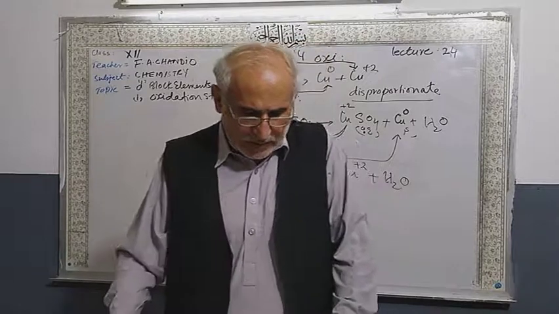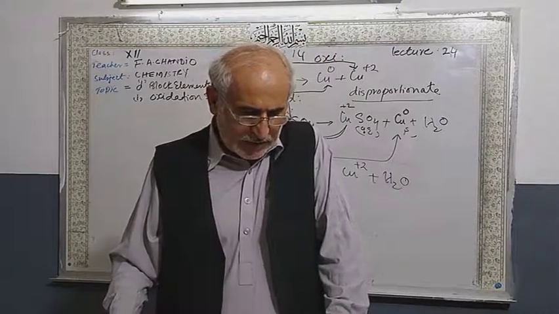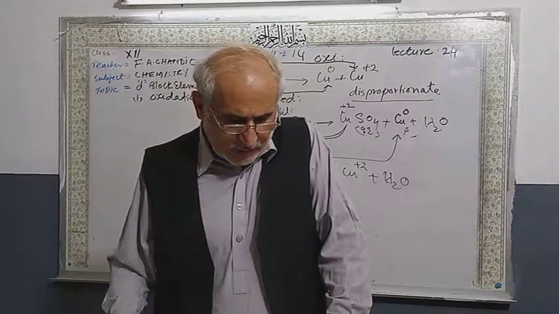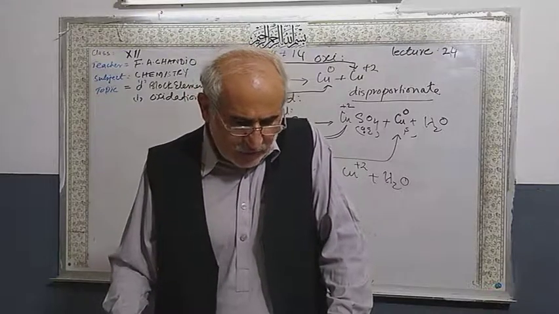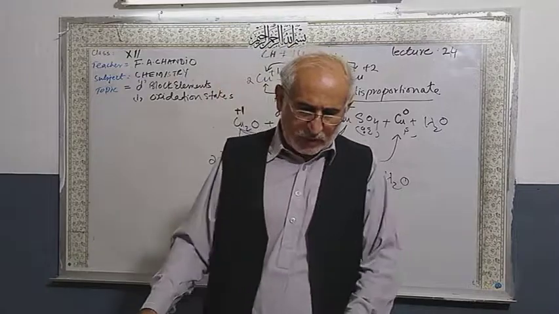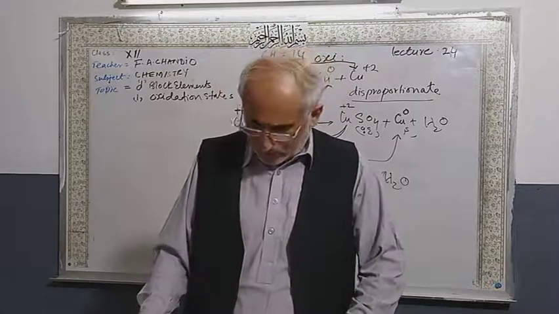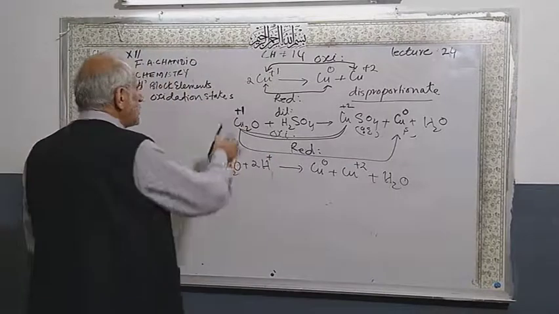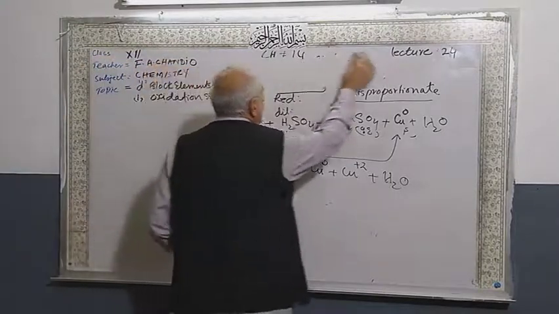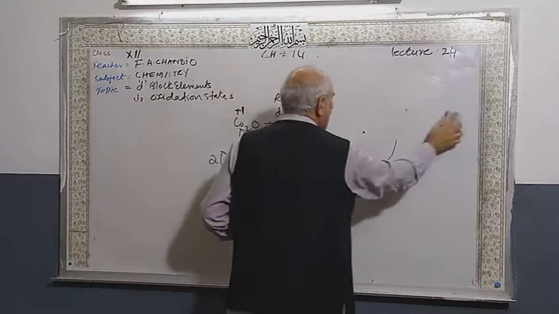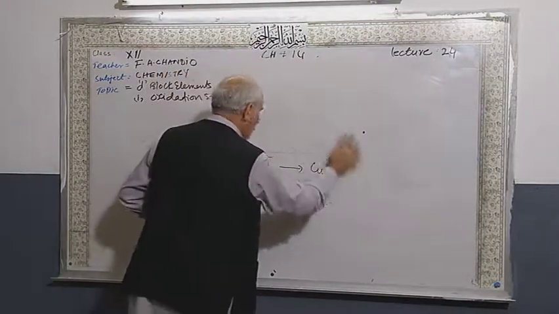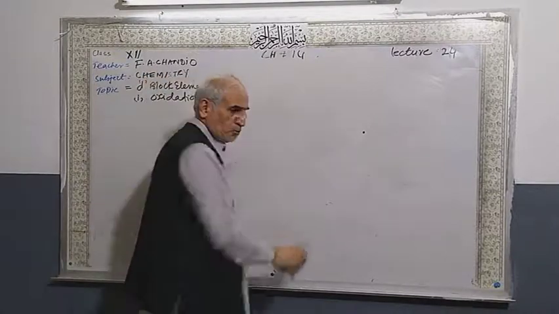If you add these 2 chemical reactions together: cuprous oxide, 1 mole, with sulfuric acid gives cuprous sulfate and water, and cuprous sulfate changes into copper sulfate. These are all the same disproportionation; the whole discussion is about the disproportionation reactions of copper.